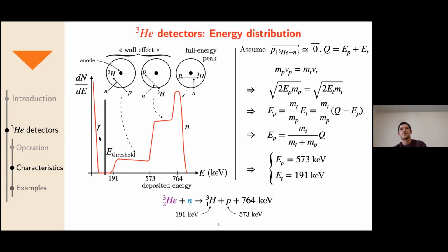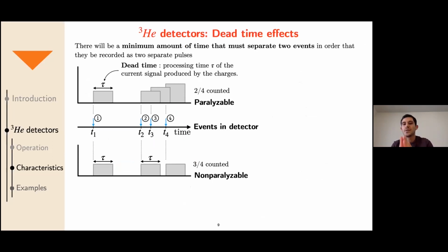Okay, so we saw that to count a neutron, the deposited energy must be higher than the threshold energy. But even if this condition is met, we will not be able to detect all the neutrons, because in all detector systems, there will be a minimum amount of time that must separate two events in order that they be recorded as two separate pulses.